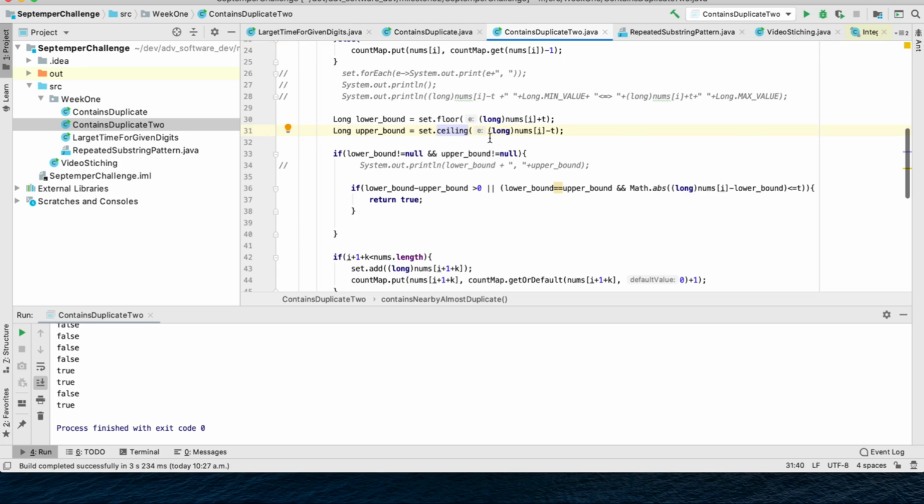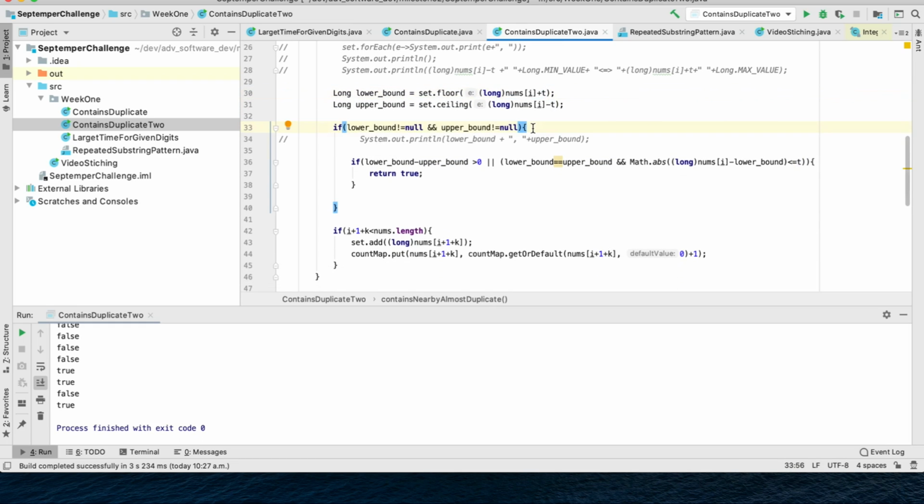Over here, I'm finding the lower bound and upper bound using the current number and the value of t provided to us. Then I'm checking if they are null or not. If any one of them is null, then it means there is no number in our tree set that lies in the range.